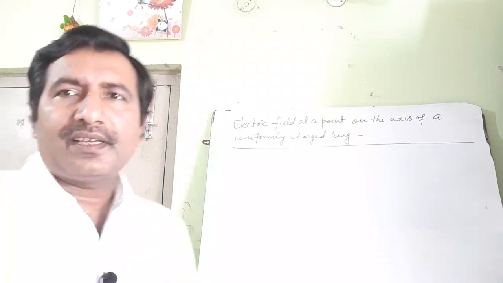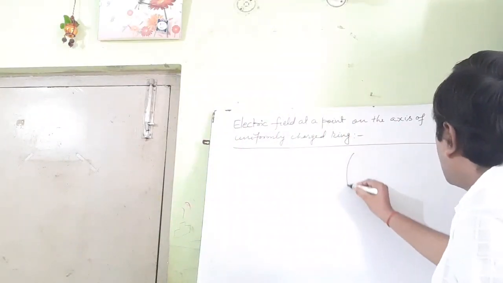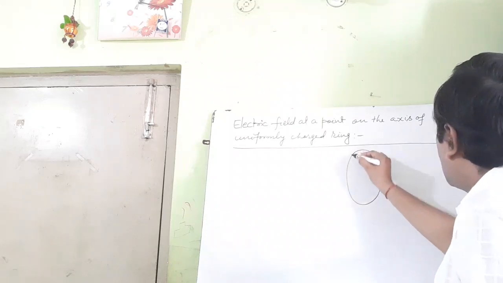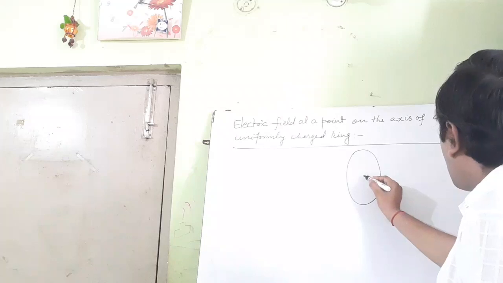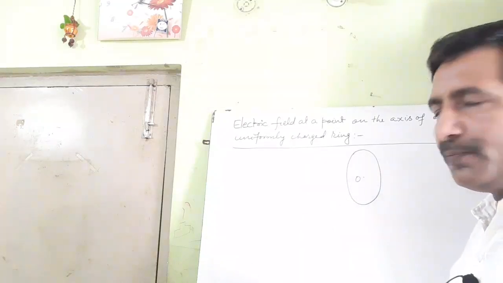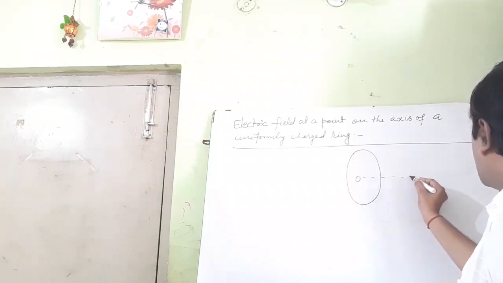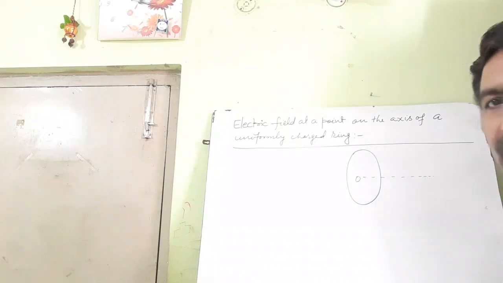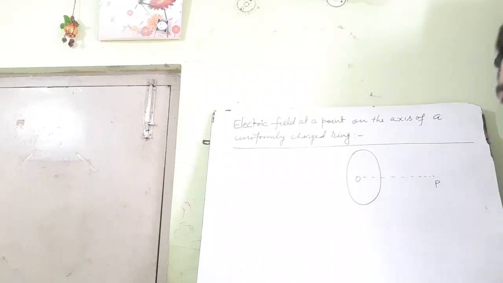Suppose here is a uniform circular ring. This is the center of the ring, denoted by O, and this is the axis of the ring. This is a point P on the axis of the ring.